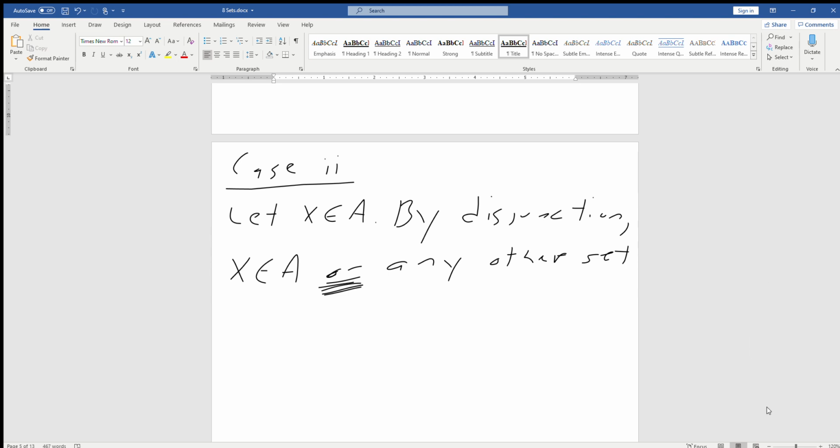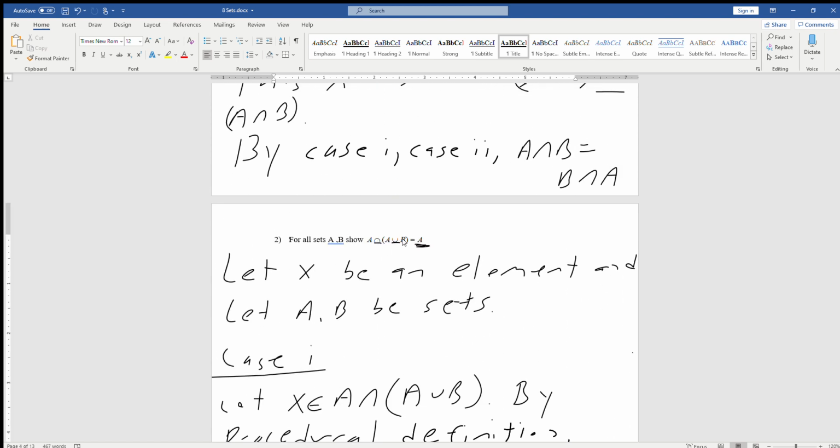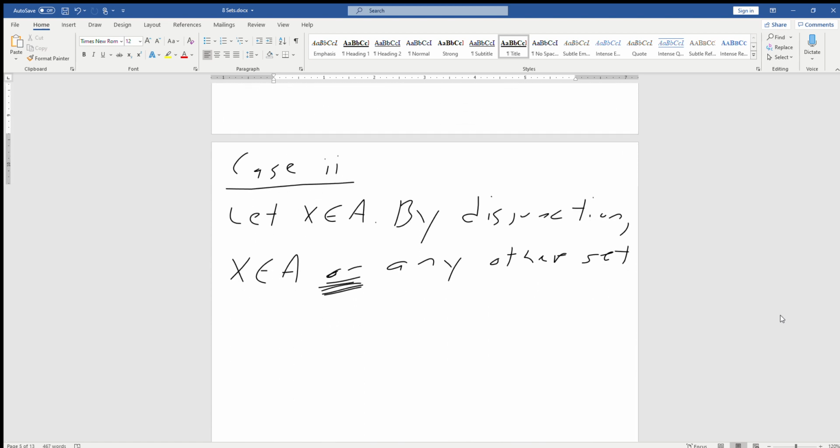And we just have to strategically pick the set that we want. Well, if we go back up, at some point we are going to need A union B, A or B. So let's just say B. So we can say hence X is an element of A or X is an element of B. All right, now check this out.